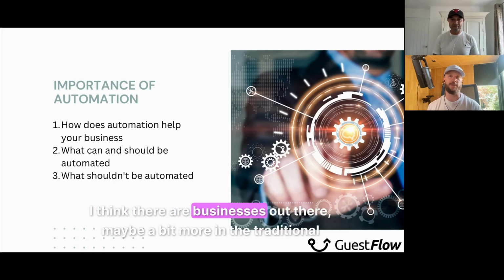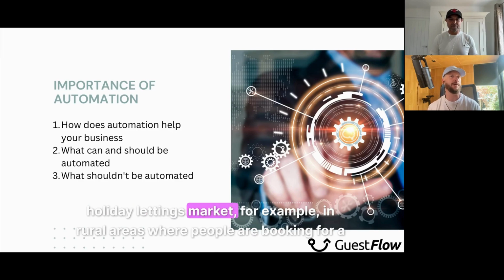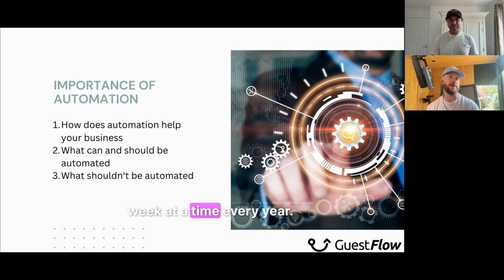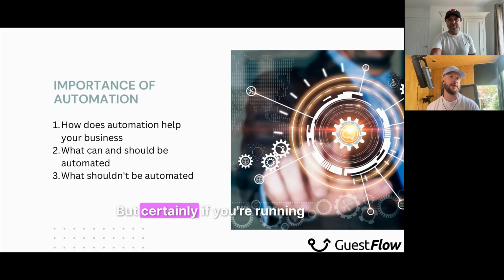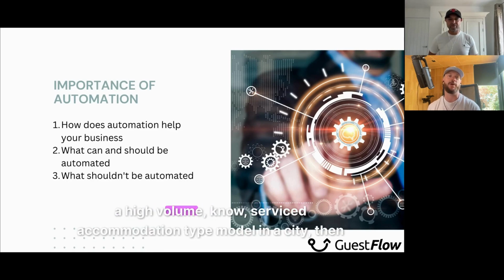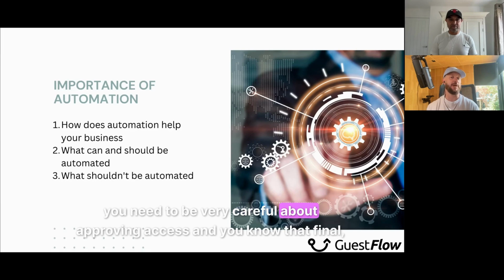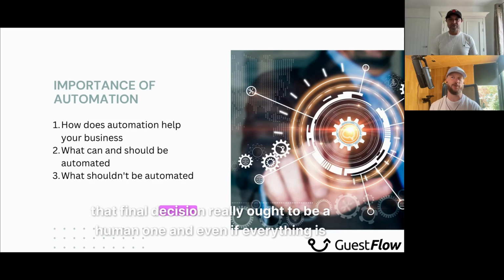I think there are businesses out there, maybe a bit more in the traditional holiday lettings market, for example, in rural areas where people are booking for a week at a time every year. I think you can be a bit more relaxed about it there, but certainly if you're running a high volume, serviced accommodation type model in a city, then you need to be very careful about approving access, and that final decision ought to be a human one.